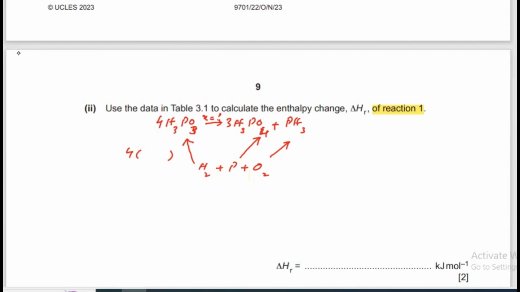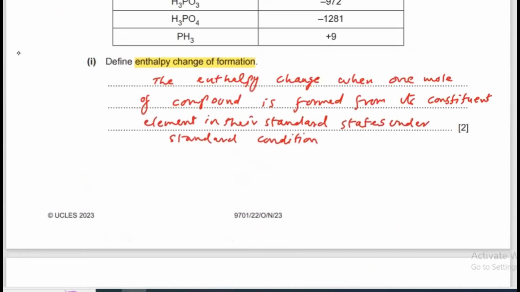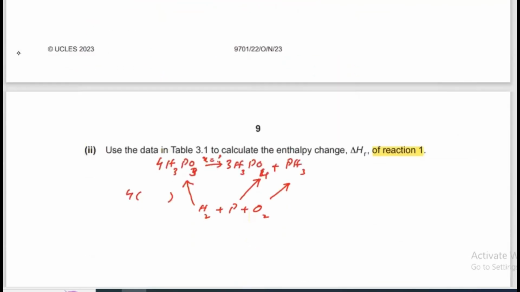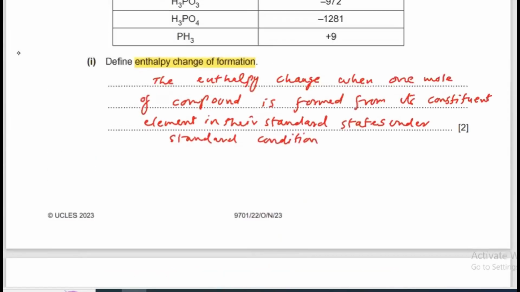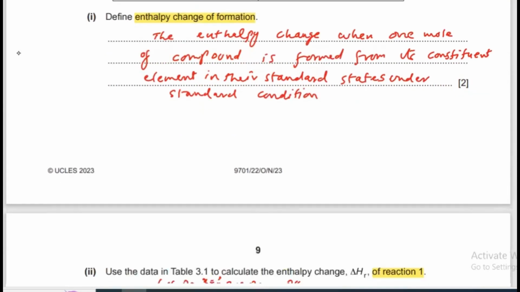H3PO3 is minus 972, so this is minus 972, 4 times. And then H3PO4 is minus 1281, this is 3 times minus 1281. And as we are getting 1 mole of PH3, the standard enthalpy change of formation of PH3 is 9. So just put that in.